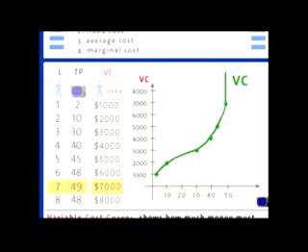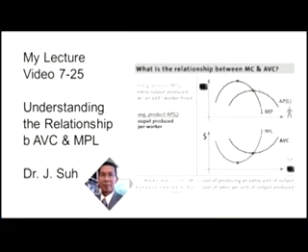I want to show you how that looks comparing our product graph with our cost graph. The relationship between cost and productivity one more time.